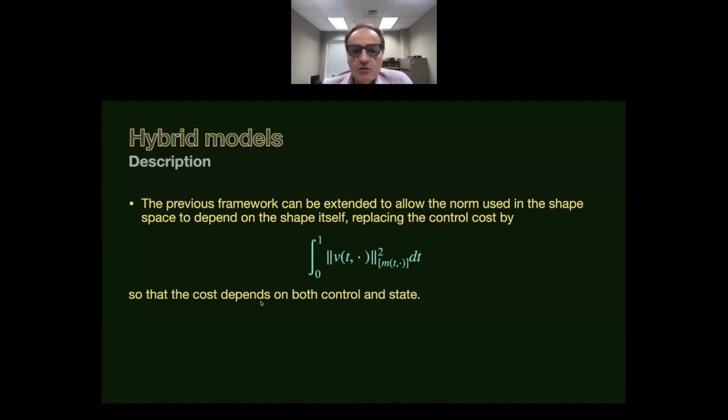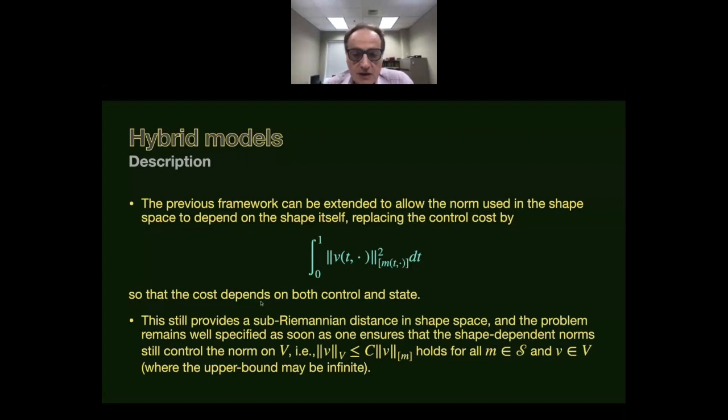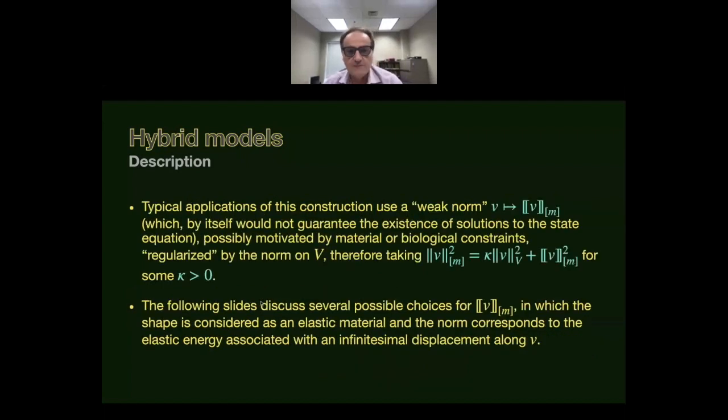That would create an optimal control problem in which the running cost depends on both control and shape. And so it's well behaved and provides a Riemannian metric in shape space with some reasonable hypothesis.